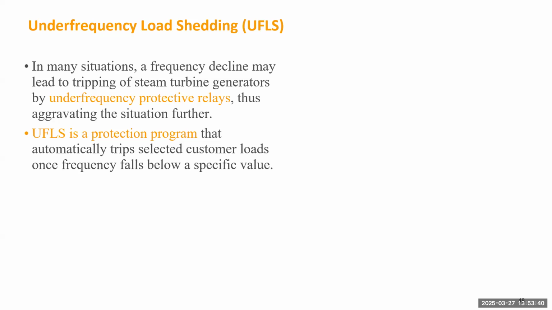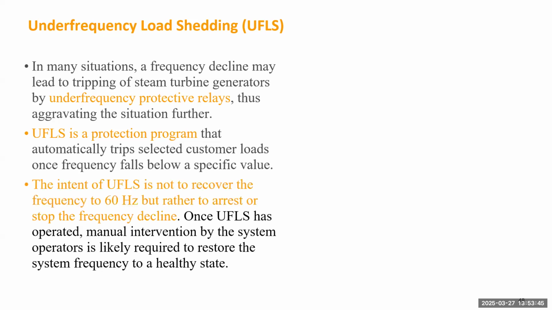So if the frequency falls below a specific value, you start to shed some of the customers. The intention of frequency load shedding is not to bring frequency back to 60 Hz. It doesn't allow you to do very accurate tuning of the frequency. It just tries to slow down that slope, that frequency declining.